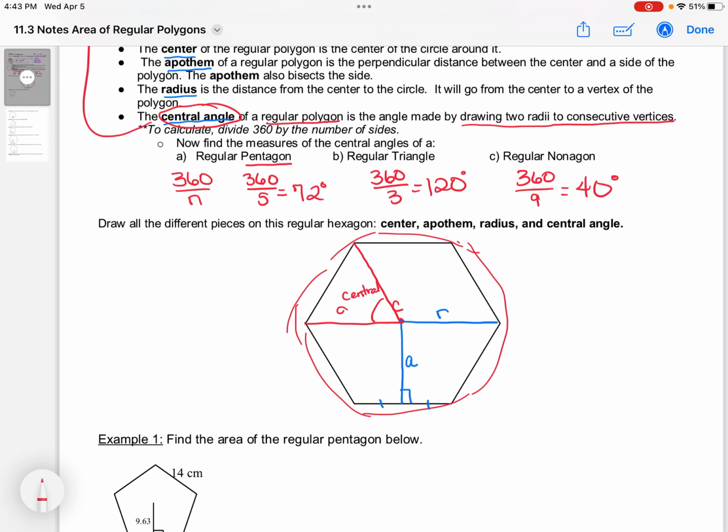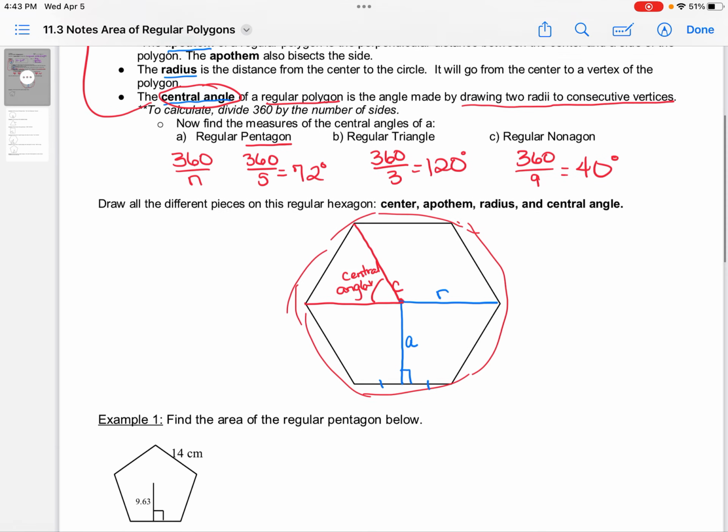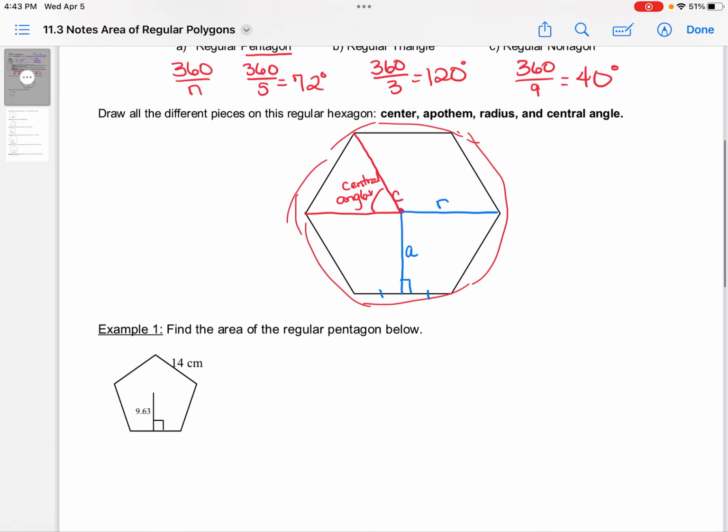This is my central angle. Okay. So now you should be able to see where all the different parts are going to come from when we're finding our area.